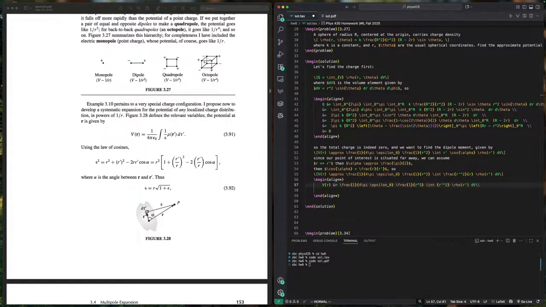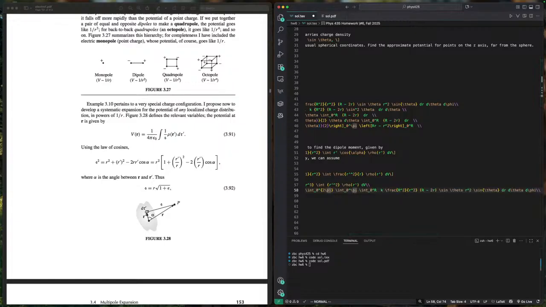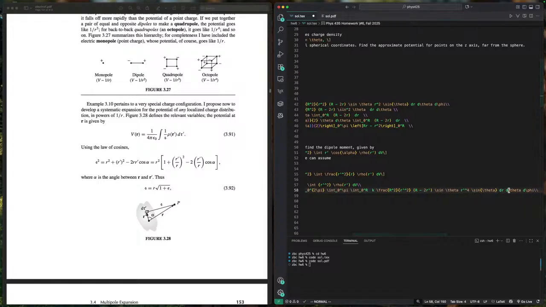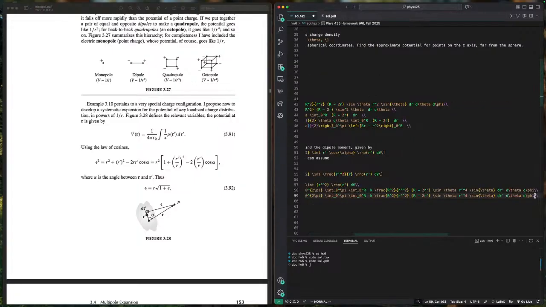So I'm going to expand that, get rid of v here, and then I'm going to replace this part with that. And then I'm going to change all the small r's to r primes. r prime actually to the fourth, then dr prime.